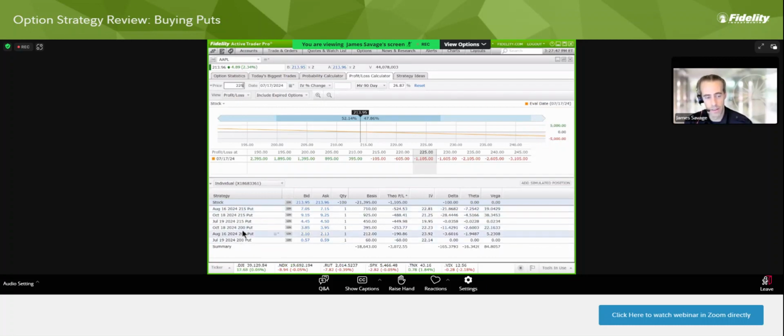The lower delta is benefiting us. We were less sensitive to those changes in price. Noticing that we have an almost total loss in this scenario on our July, but the total loss is still less than all of our other options trades if we are wrong.